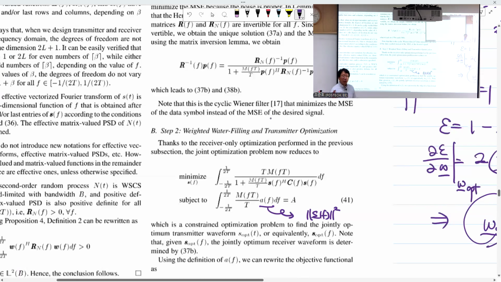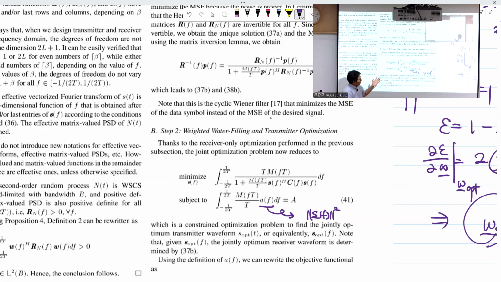And as I told you last time, there is a subtlety about the length of this vector and size of these matrices. Because depending on F, the offset used to convert the ordinary Fourier transform to a vectorized Fourier transform, you had xi, but you have offset F in order to sample this Fourier transform, right?